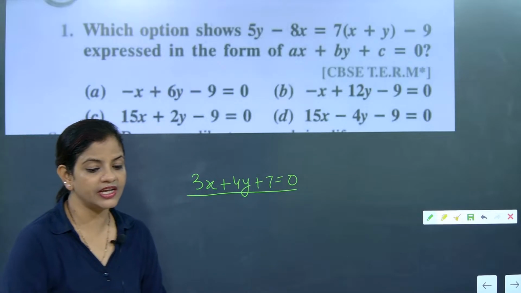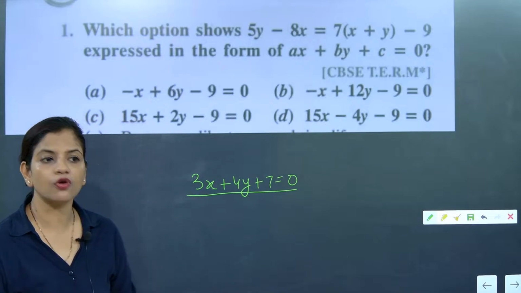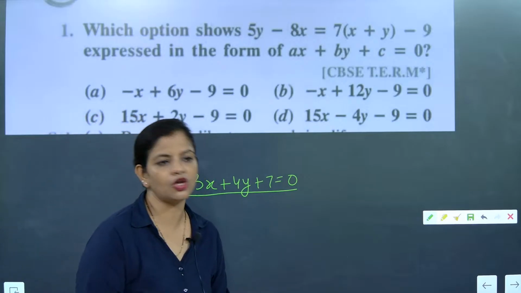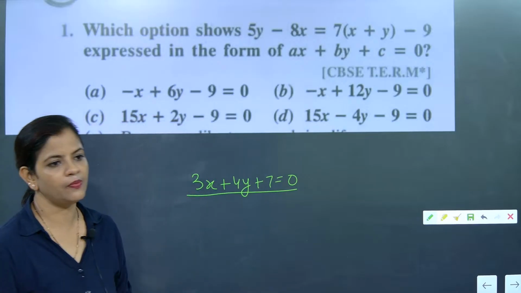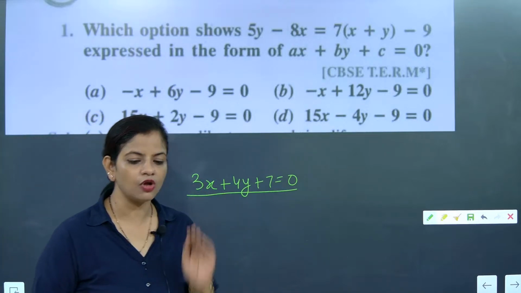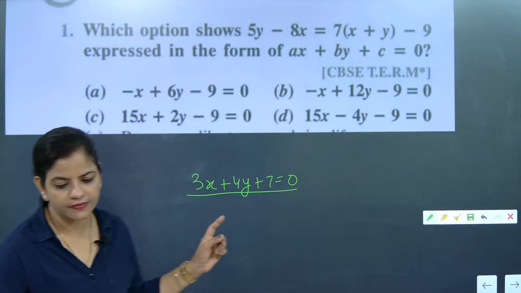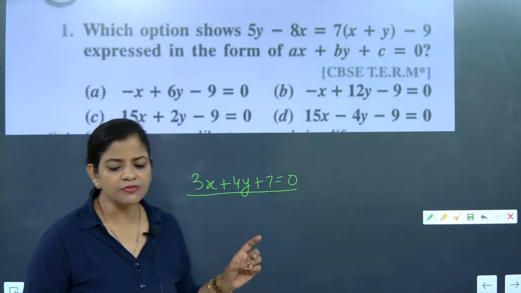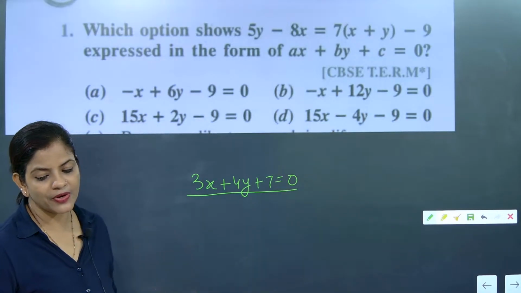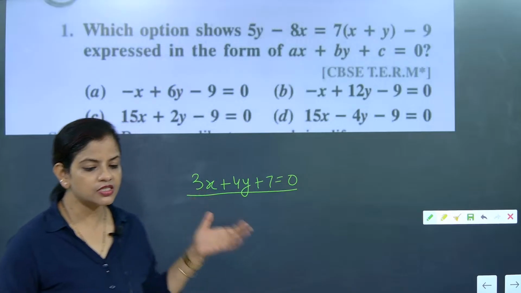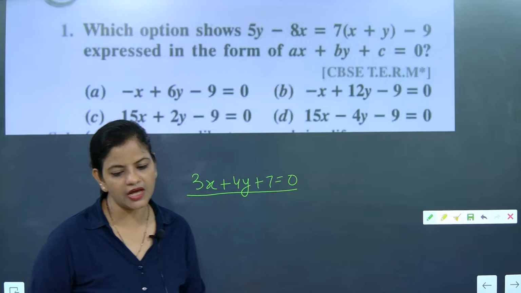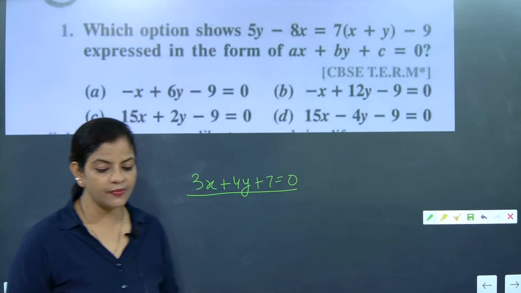It is representing a line. So whenever we are drawing a line, we need two variables. How many variables do we need? Two variables. How to draw a line, that also I will teach you. But here, one thing is very important. An equation means, beta, two expressions are equal. Yes, we can say that two expressions are equal and one or two variables are there.